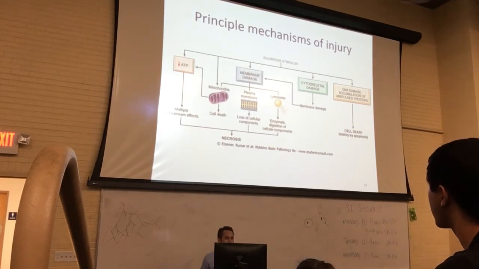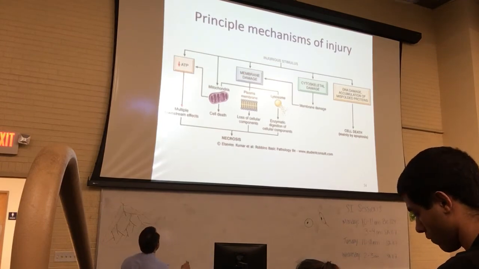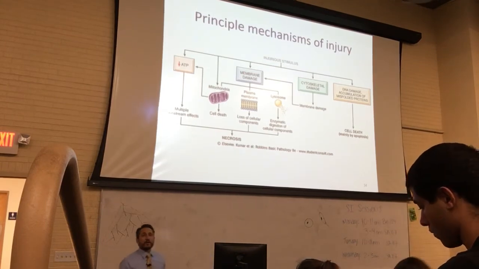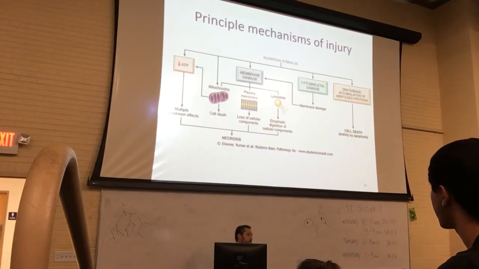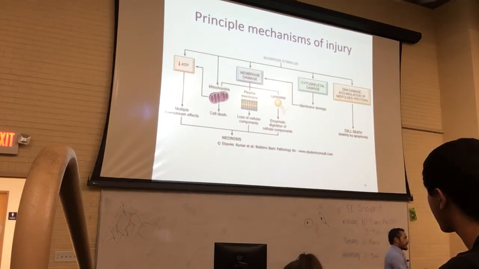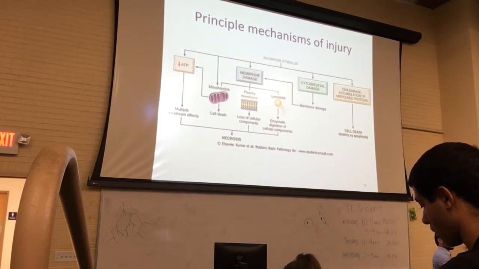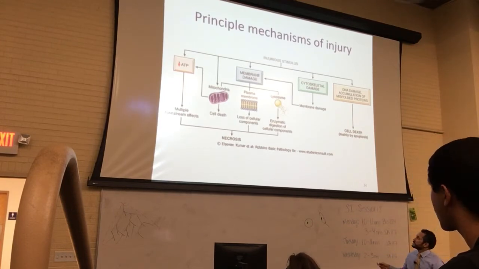If you can't make energy, you have many different downstream events that the cell is compromised with. Primarily, your sodium, potassium, ATPase pump. You guys remember that one? It runs off of ATP. If you can't maintain that pump, you can't move those ions in their correct direction and you don't create a gradient.